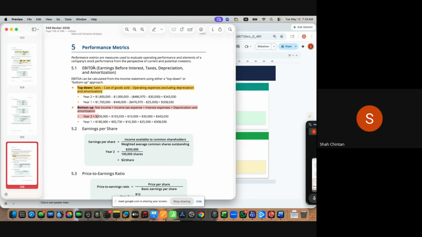So one performance metric जो lot of companies use in the market is EBITDA.